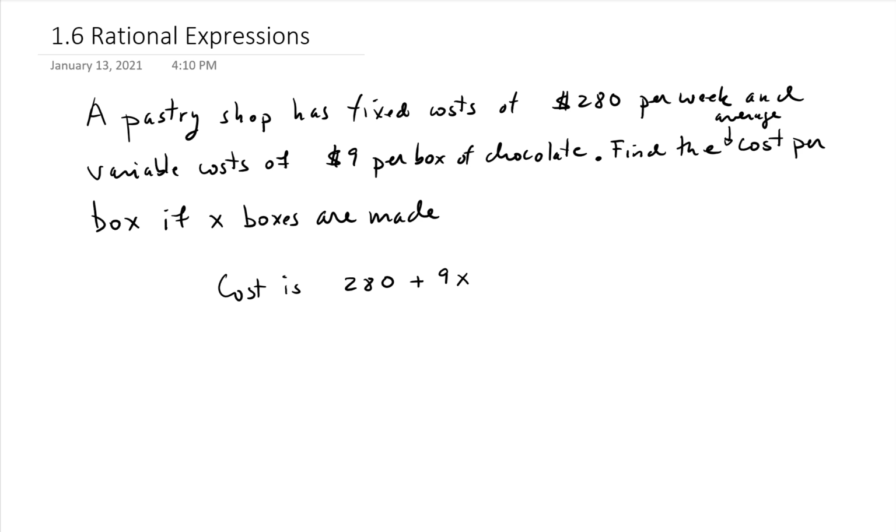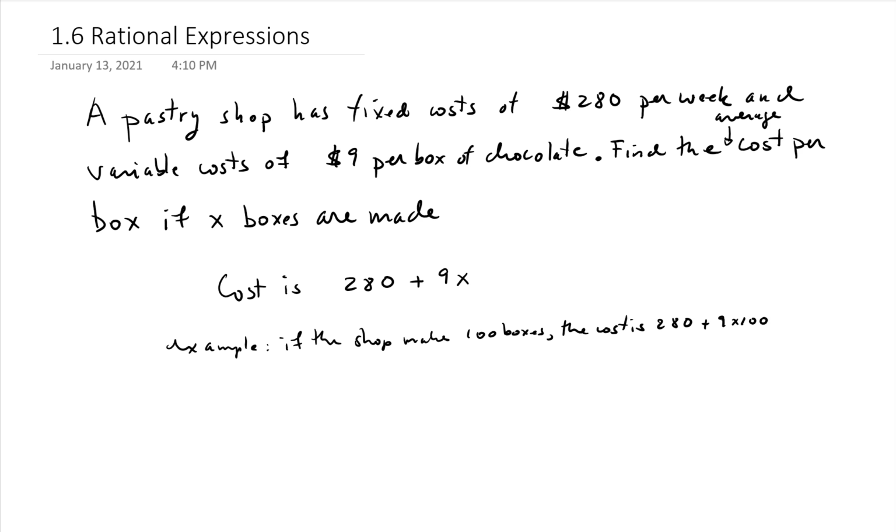Okay, so for example, if the shop makes 100 boxes during that week, the cost is going to be the fixed cost, because you can't do anything about that, and the cost is $9 per box.